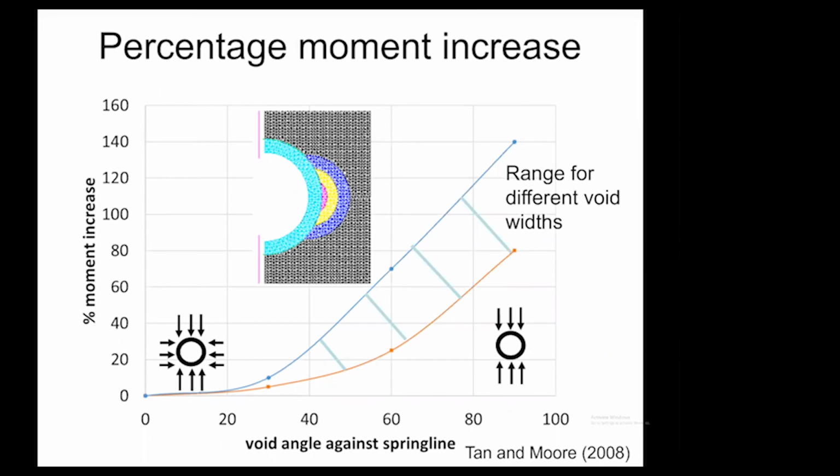That's the angle from the center axis of the pipe of that contact zone between the void and the outside geometry of the pipe. So it's like the angular contact between the erosion void and the pipe. As it gets larger and more of the side of the pipe loses its soil support, the bending moments increase.